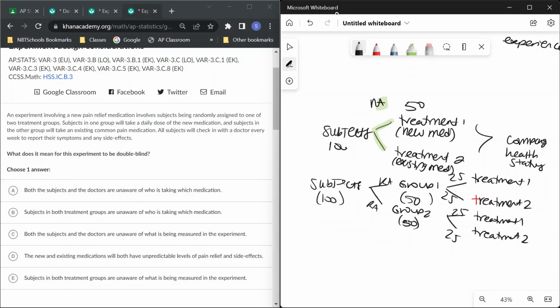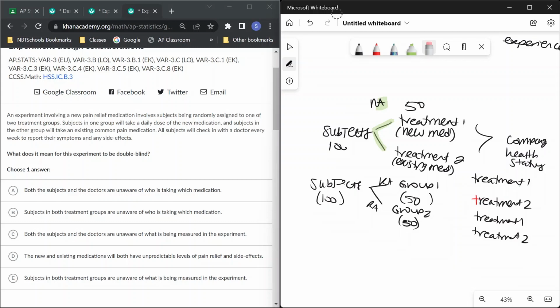Well, wait. Nope, this is wrong. So randomly assigned to group 1, randomly assigned to group 2. Yeah, no. So this would be different.